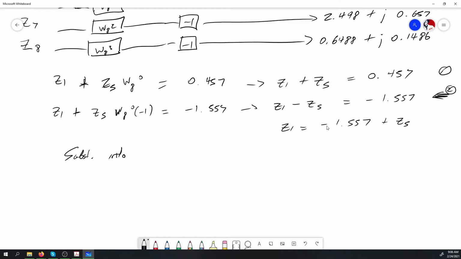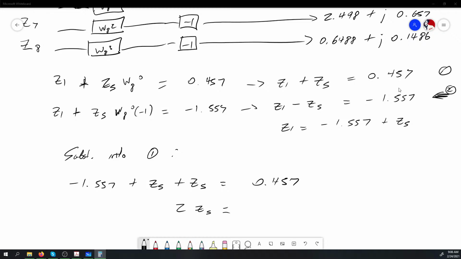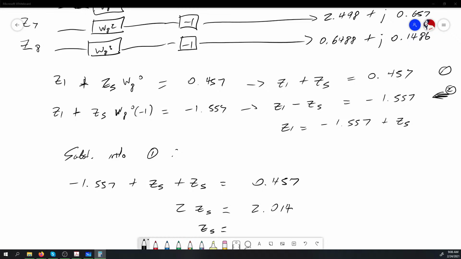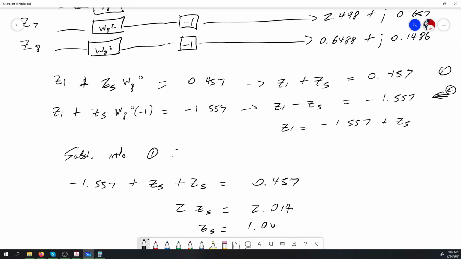Substitute into 1, so I get minus 1.557 plus Z5 plus Z5 equal to 0.457, and I'll get 2Z5 equal to, on the calculator, 0.457 add 1.557 equal to 2.4. So I can say Z5 here is equal to 1.007.